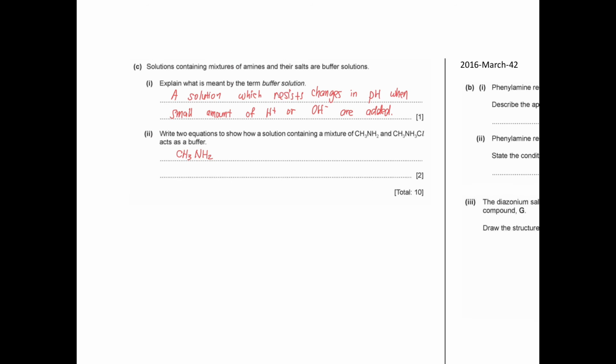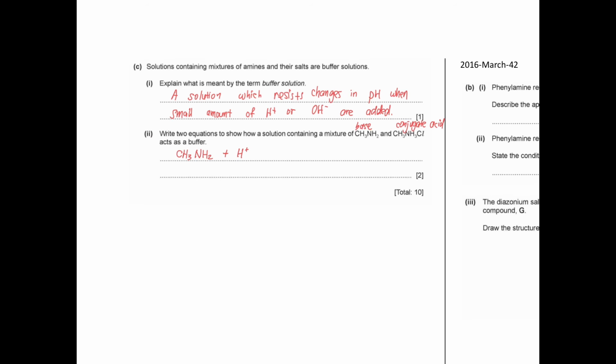To act as a buffer, you have to show that CH3NH2 is a base, and CH3NH3Cl is basically the conjugate acid. The base will deal with the H plus added.